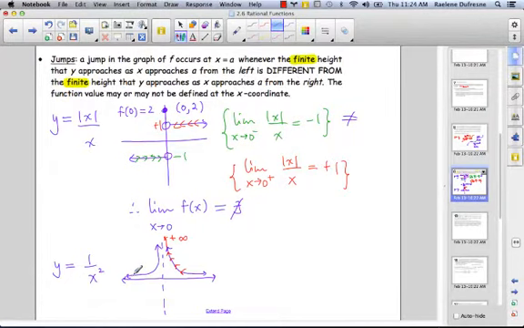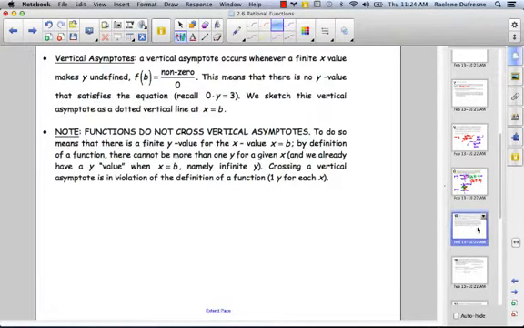And as x approaches 0 from the left, y approaches a height of positive infinity. So one could argue that positive infinity from the left and positive infinity from the right are the same heights, and therefore the limit exists. But the limit must be a finite height or a finite value, because otherwise there is no limit to what that height can be. All right, the third type of discontinuity is a vertical asymptote, or infinite discontinuity.